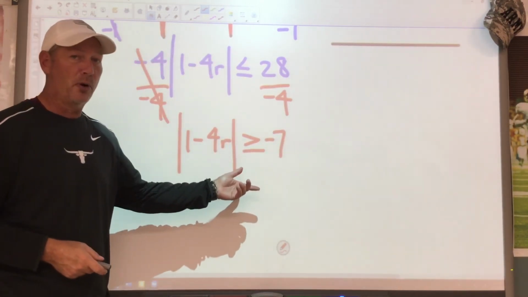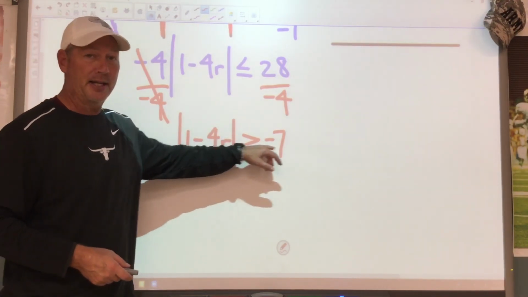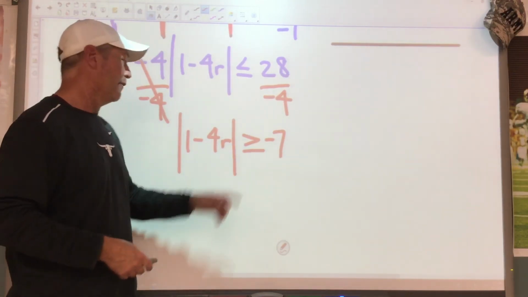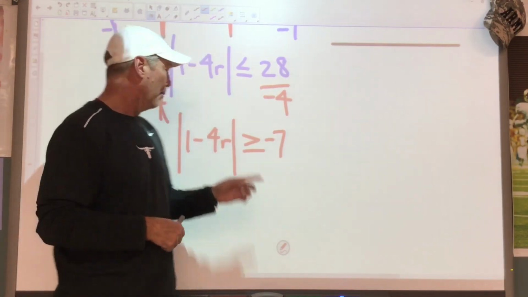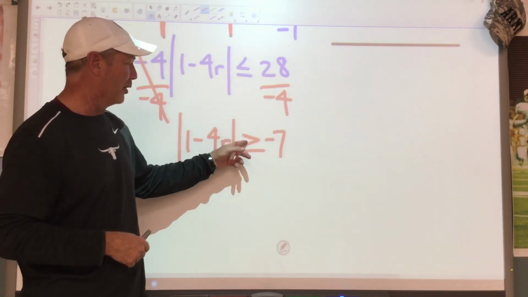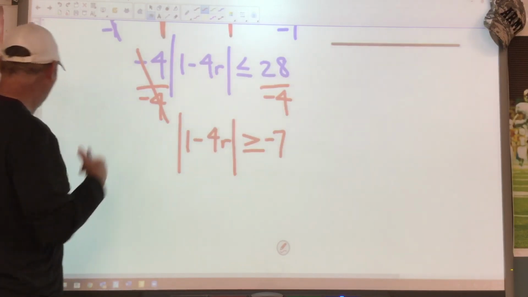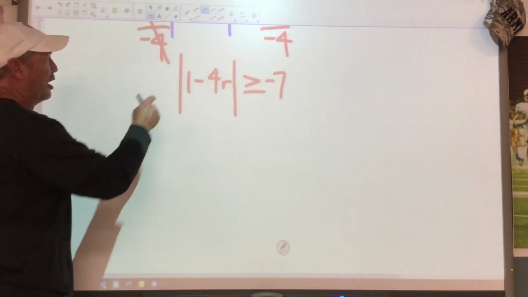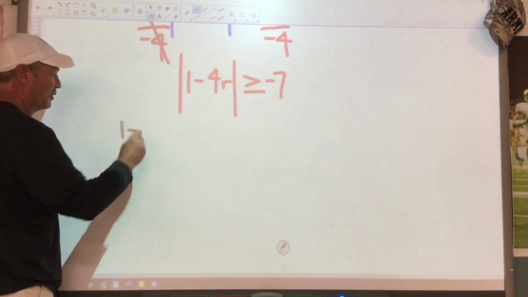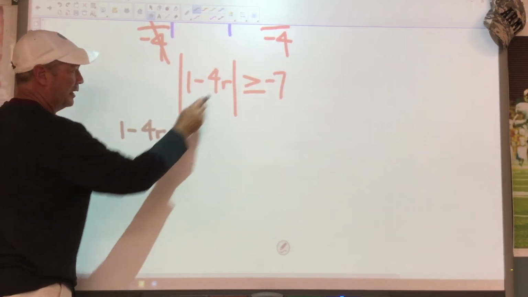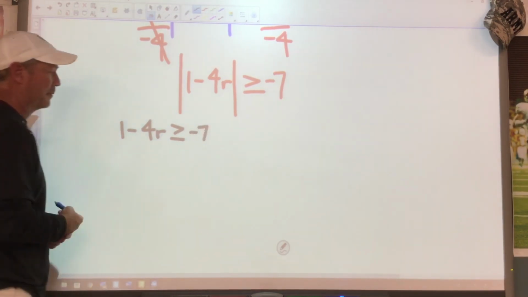This is a workable problem. Absolute value can be greater than a negative number. Okay? If it was pointed the other way, then we'd have to shut it down. It wouldn't work. But absolute value can be bigger than a negative number. So we have to work it two ways. First time, you're going to copy it just like you see it. You're going to say 1 minus 4r is greater than or equal to -7.